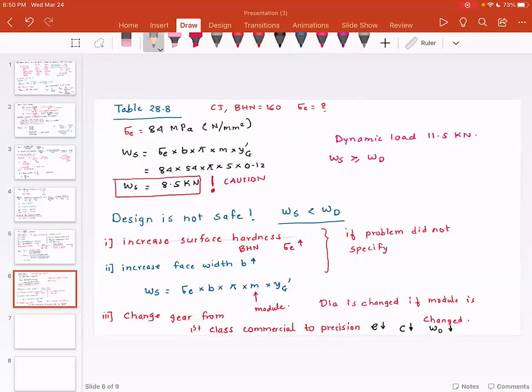So out of option 2 and 3, which option would you like me to take? Which option should we follow? Should we go with option 2 or option 3?